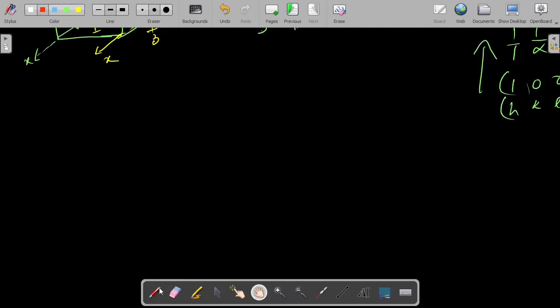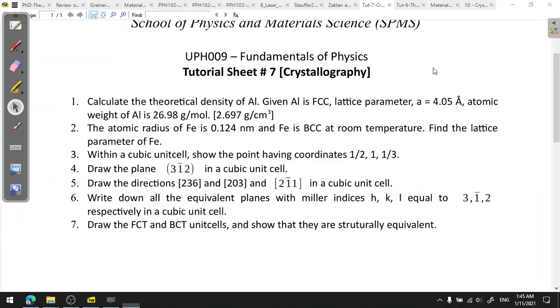Then let's do the question number 5. In the question number 5, draw the directions 236, 203, and 2 1 bar 1. Okay.